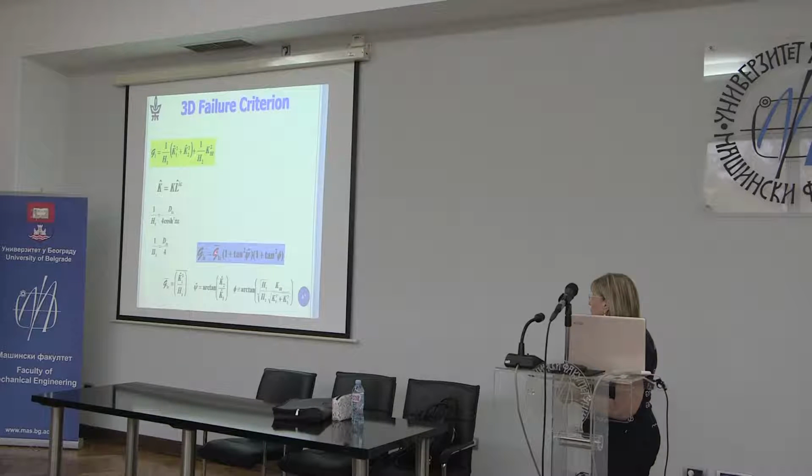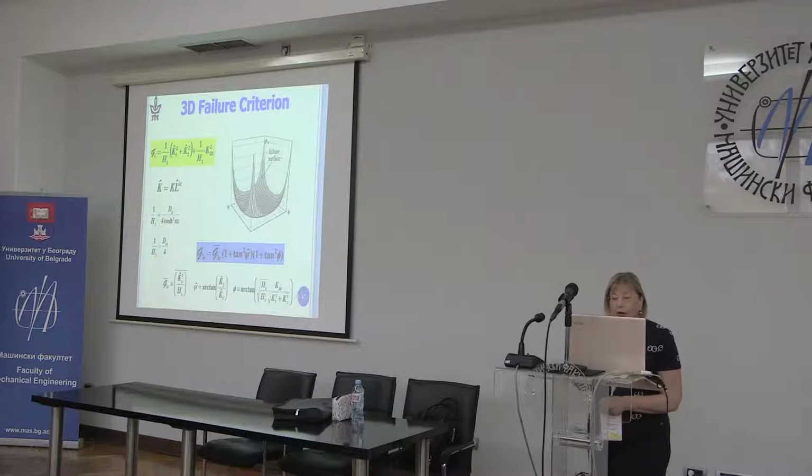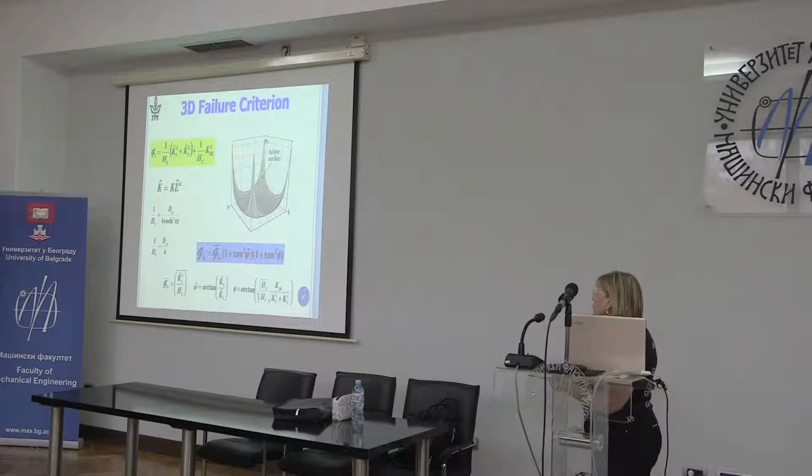And G1C, we take our specimens, we average all the K1 hat values, we square all the K1 hat values, divide by H1, and take the average, and that's G1C bar. And now we have a failure surface.